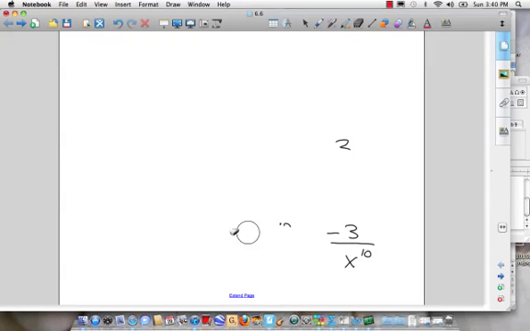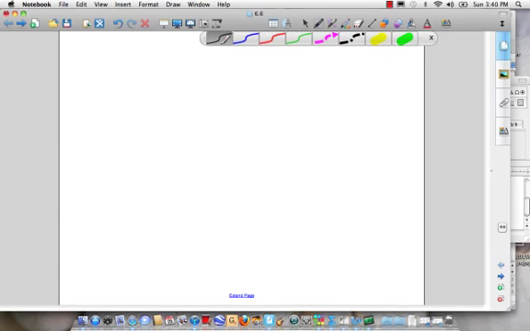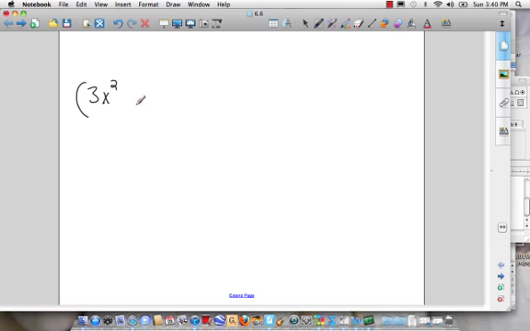Alright, so let's clear some space and look at progressively more involved expressions. The next one I want to consider is quantity 3x squared y to the power of negative 3, all of that raised to the power of negative 4.